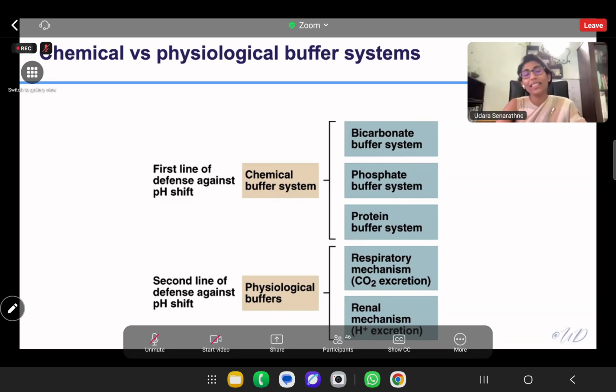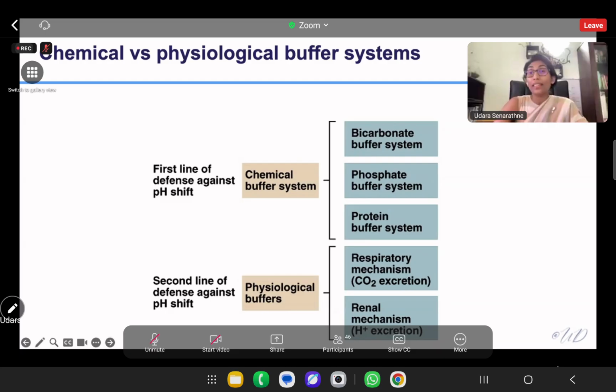The second line mechanisms that will come into play include other physiological buffers that need to make some changes in their system to help. For example, one is the respiratory mechanism, where you would change the carbon dioxide excretory pattern to help maintain the acid-base homeostasis.